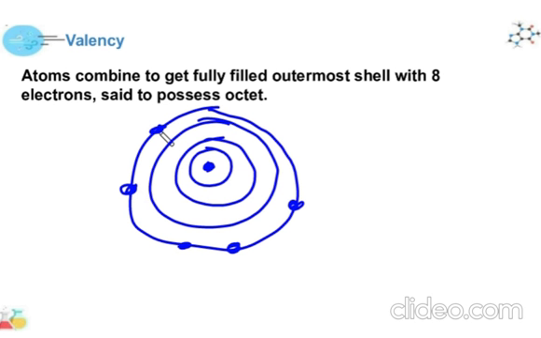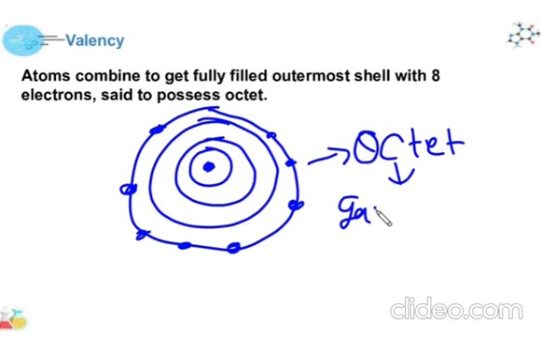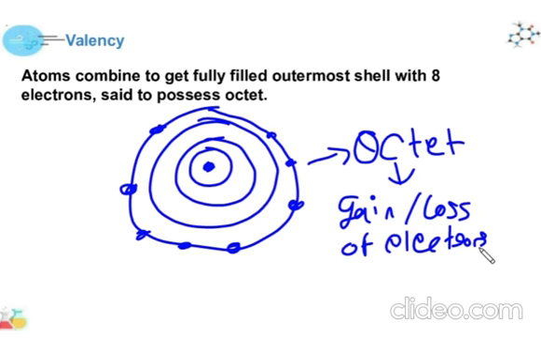Gaining and losing happens, and then they get a fully filled shell of 8 electrons. When the atom has 8 electrons in the outermost shell, it is said to possess an octet. For obtaining an octet, there is gain as well as loss of electrons. One will get electrons, the other will give electrons, and only then is an octet found.